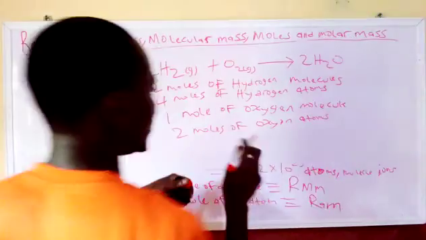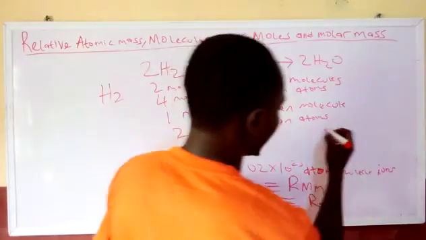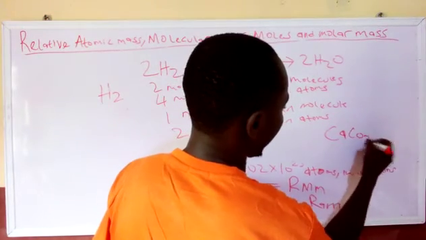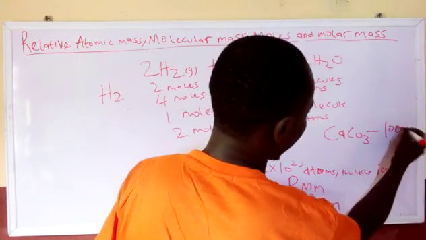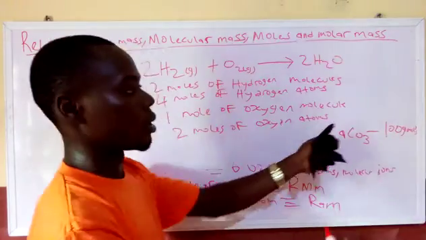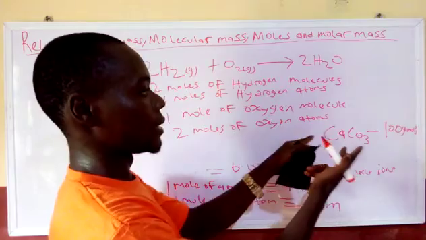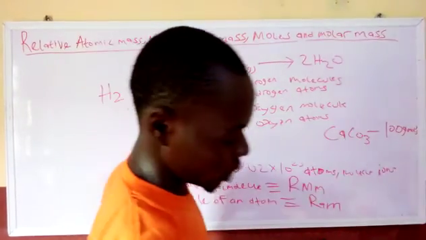For example, the other time I used CaCO3. The molar mass of CaCO3 is 100 grams per mole. 1 mole of CaCO3 is equivalent to 100, so the mass of 1 mole of that substance is 100 grams. That's the definition of molar mass.